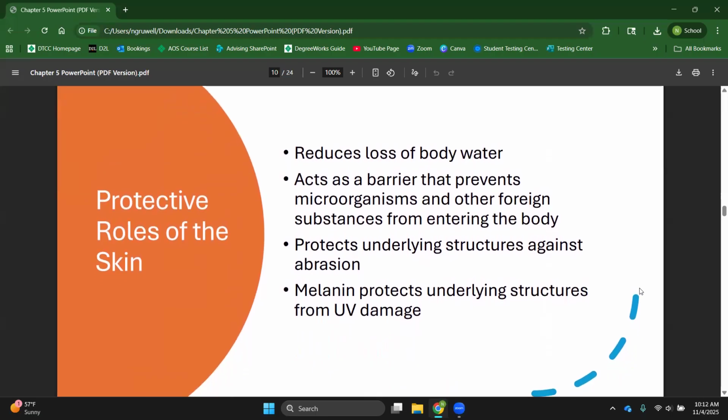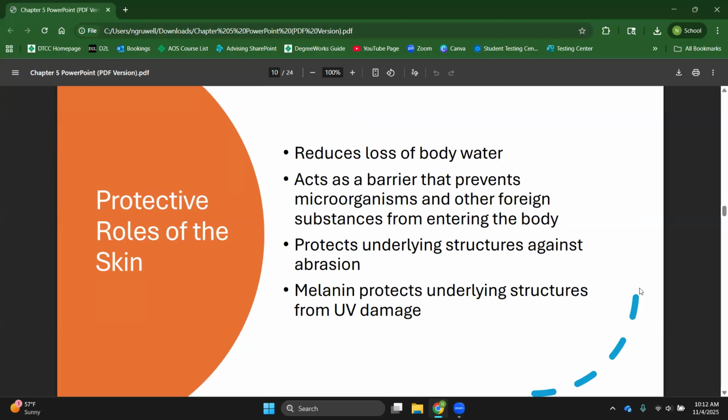Protection was one of the big functions that we mentioned in the beginning. We said it reduces the loss of water from the body. Our keratinized layers of the epidermis act as a really good seal. This also acts as a good seal to keep things out. Microorganisms are things like bacteria, viruses, parasites, anything that we really don't want getting into the body.